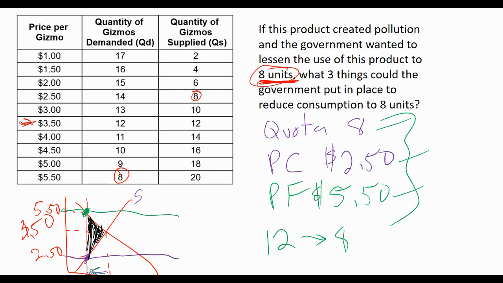All 3 of these, the quota, price ceiling, price floor, all 3 of them, when they're effective. So a quota that's effective, a binding ceiling, or a binding floor, all three of those are inefficient. All of them are inefficient, and we're not getting the most out of our society because of that.